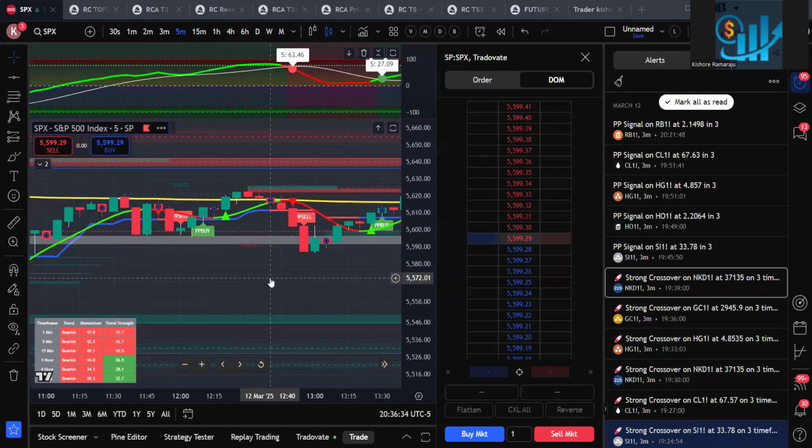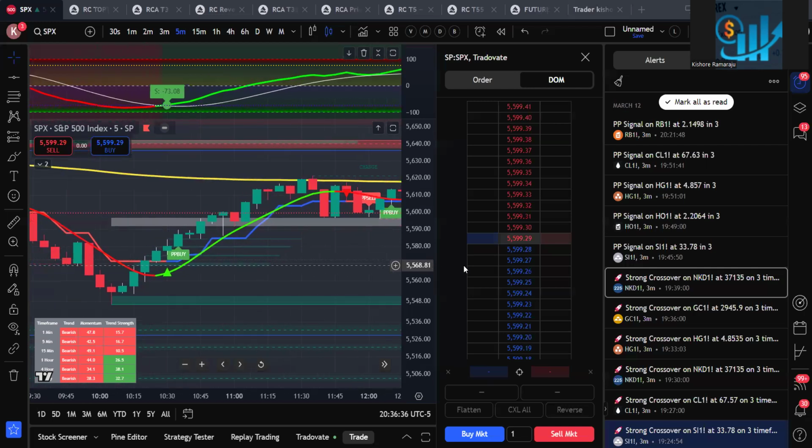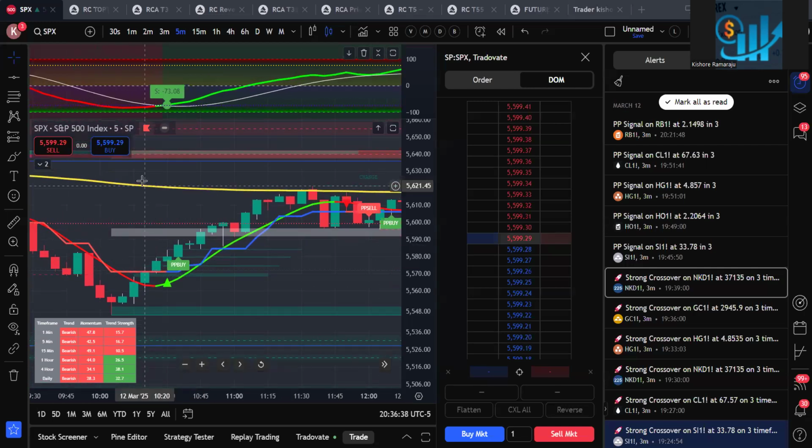Right, if you attended the live session, I explained, right? You just watch for this single type of scenario where you have an oversold buy signal. If this oversold is at the bottom, then that will be a perfect opportunity.